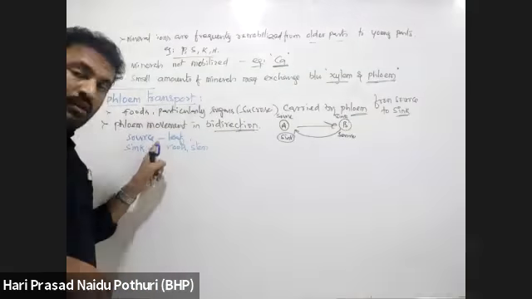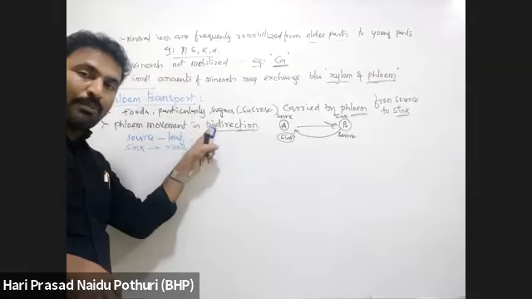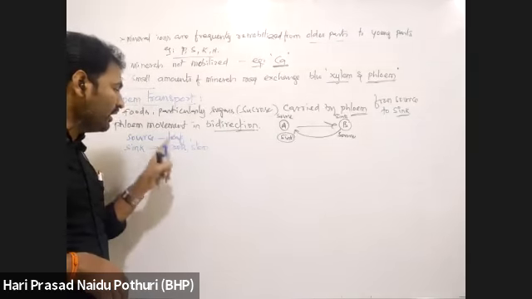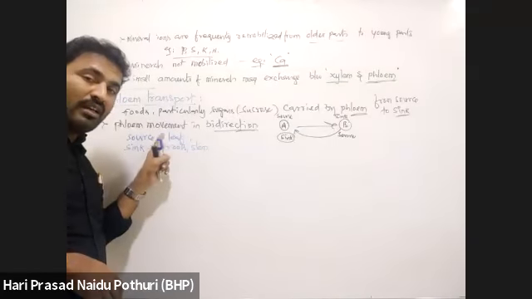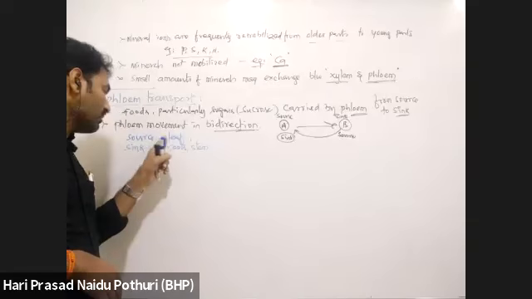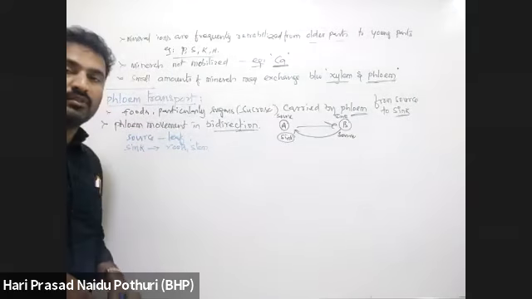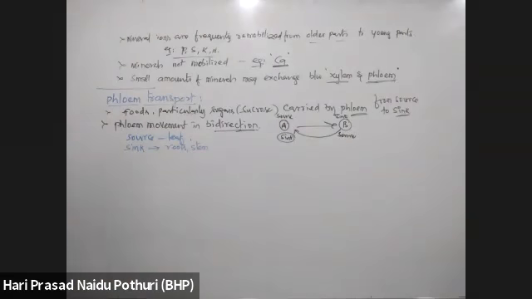Source is where food is prepared, sink is where it is carried. Leaf to root means food is prepared in the leaf and stored in the root. Now the source is leaf, the sink is root. So the sink and source may be reversed depending on the season or plant's needs.